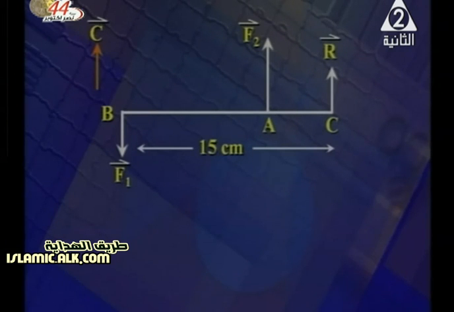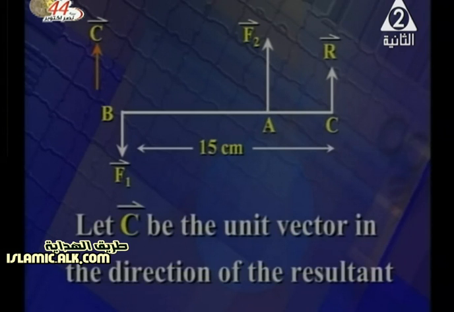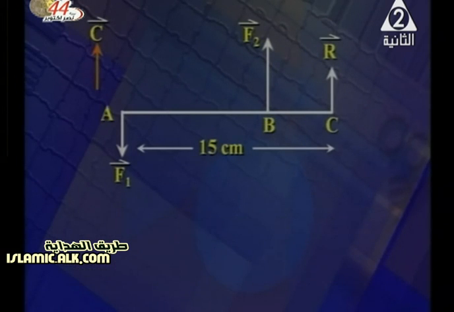Look at F1, F2, AB. F2 acts at point A, F1 acts at point B, R acts at point C. Let C be the unit vector in the direction of the resultant. We have unlike forces, F1 and F2 are unlike forces.